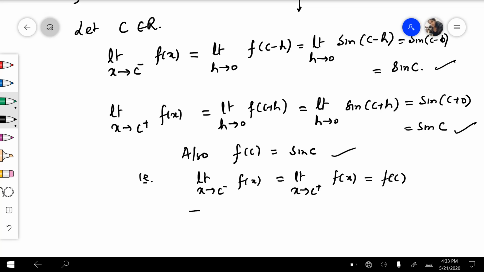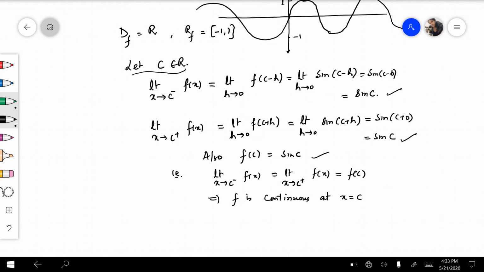This means f is continuous at x equals c. जो c हमने चूज किया था, that was an arbitrary number, since c belongs to the set of real numbers is an arbitrary number.